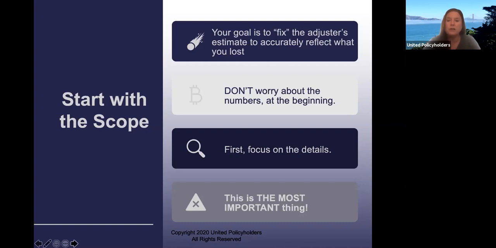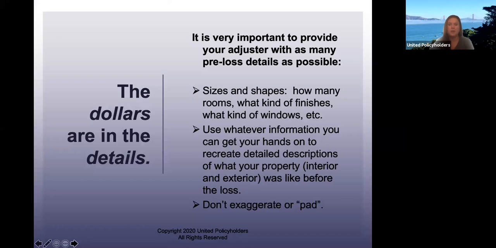So we want to help you fix the adjuster's estimate. And the way to do that is don't worry about the numbers at first. The numbers end up fixing themselves to a certain extent if you fix the details. So we want to first focus on the details. Most important thing. I'm going to go through this.